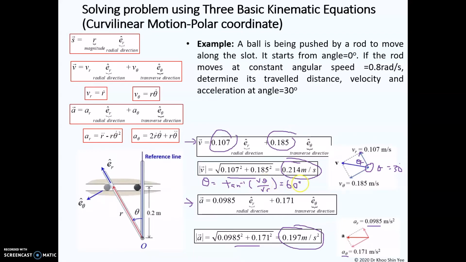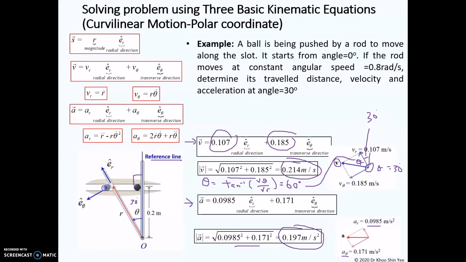When you calculate this, you obtain 60 degrees. So over here, the angle is 60 degrees. And you know that from this reference line to this radial direction, the angle is 30 degrees. Therefore, over here, you have 30 degrees. 30 degrees plus 60 degrees, so the resultant velocity is acting at 90 degrees away from the reference line.